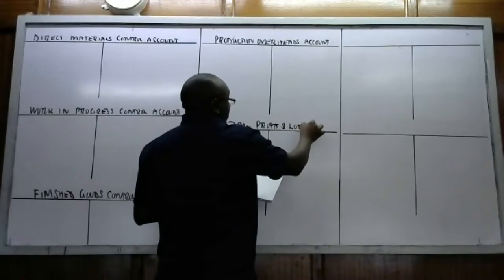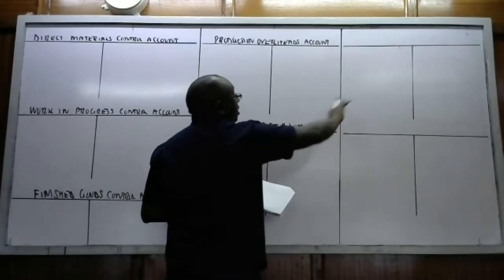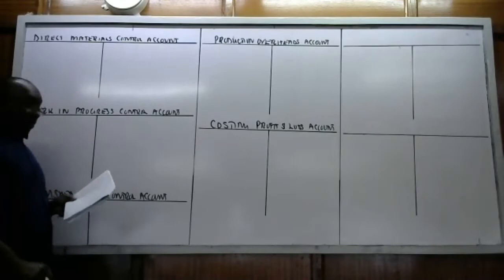Profit and loss account. So we don't need the others. We don't need the others.